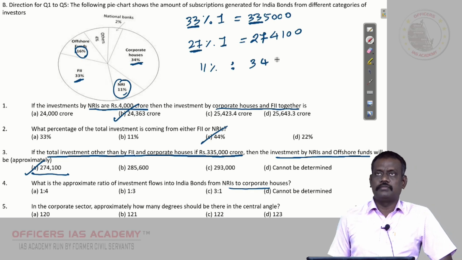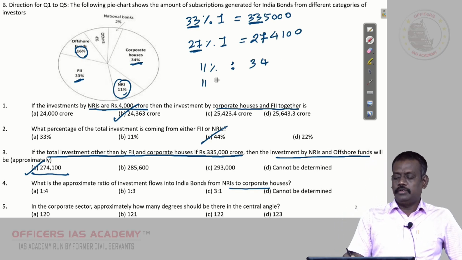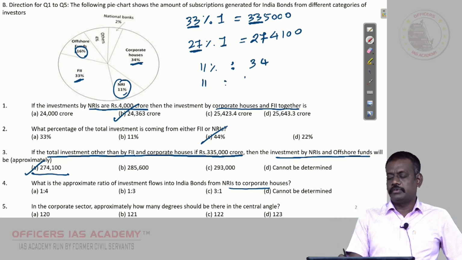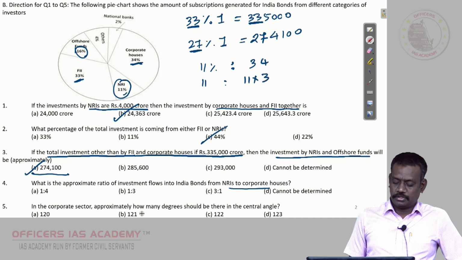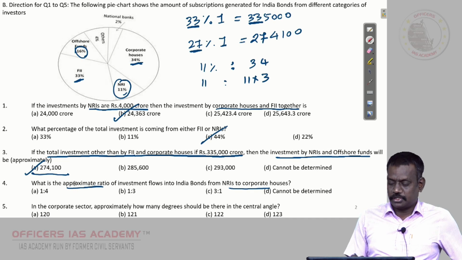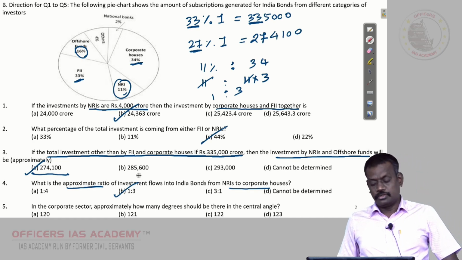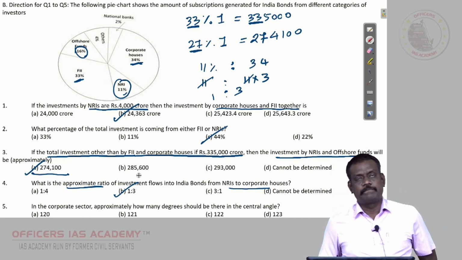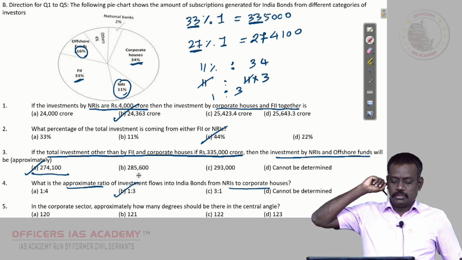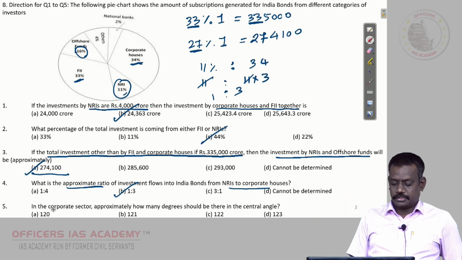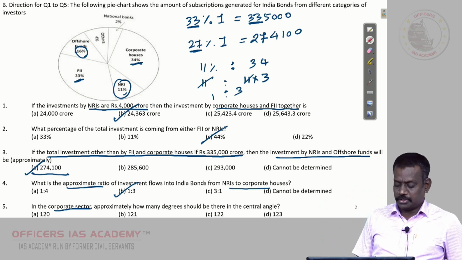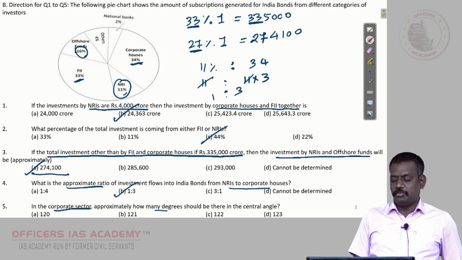So 11 is to 34, and this 34 can be written as 11 into 3, approximately I am going. So that's why here also they have given the word approximately. So 11 and 11 get cancelled, so you will get the answer 1:3. Understood?